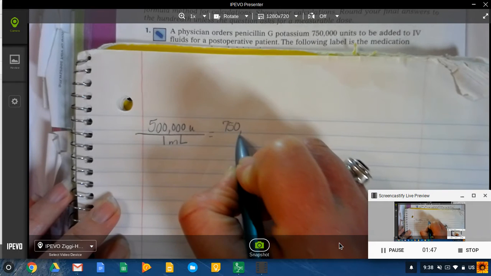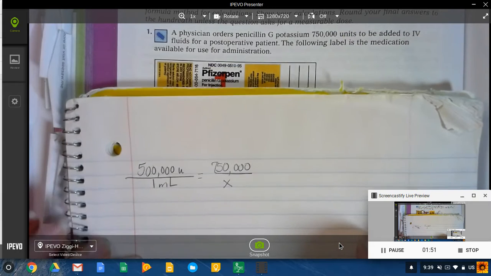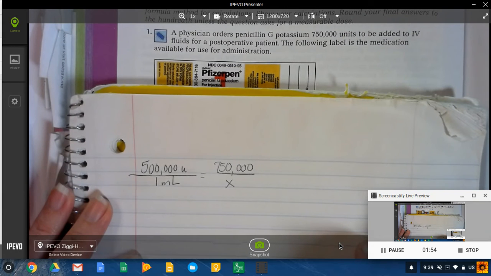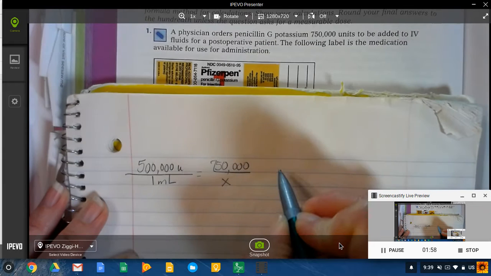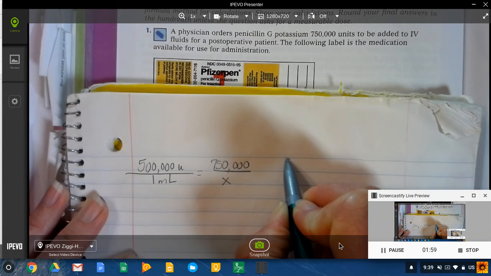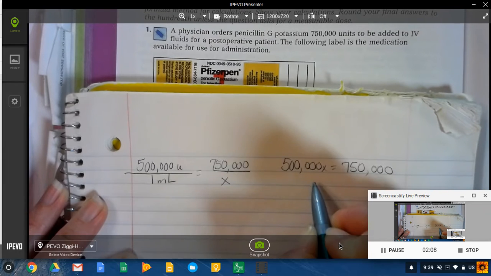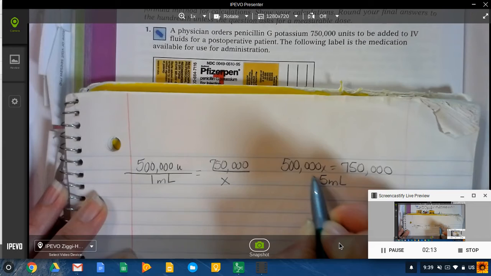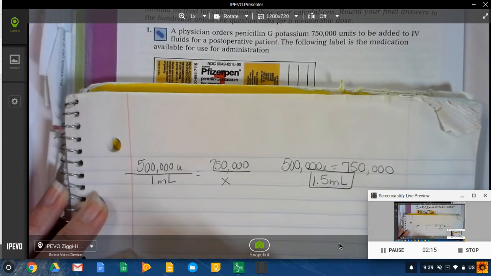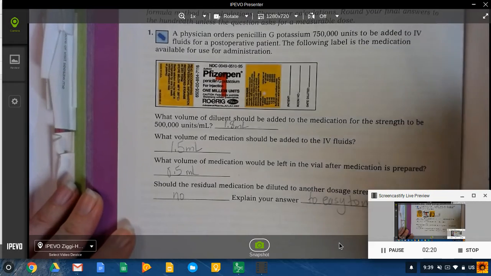That is what the physician asked for. So you need to know how many milliliters to add to the IV. When you do that math, you get 500,000 x equals 750,000, and then you do the math, and that's when you come up with 1.5 milliliters. So that's how you know how much to add to the IV fluids.